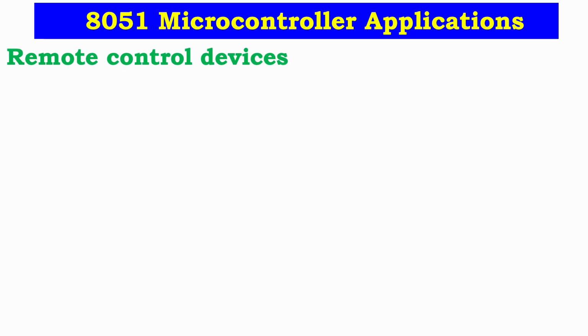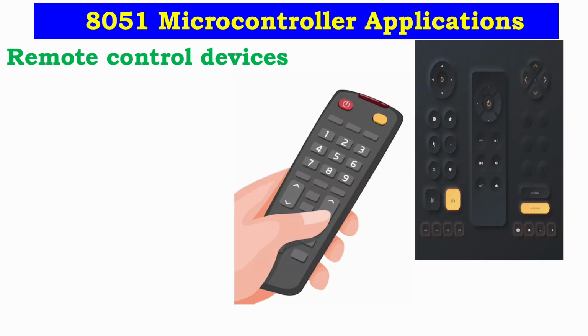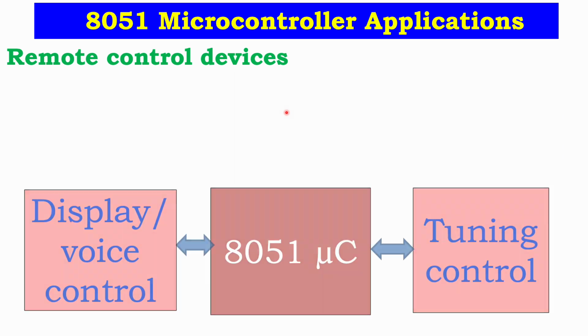Remote control devices. We know that we use remote controls for TV operation, for computer operation, even simple domestic fan control; remotes are available for everything. These remote controls also work with an 8051 microcontroller. The remote controls also work with voice control.